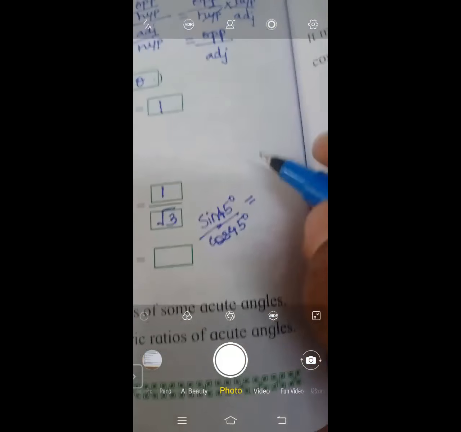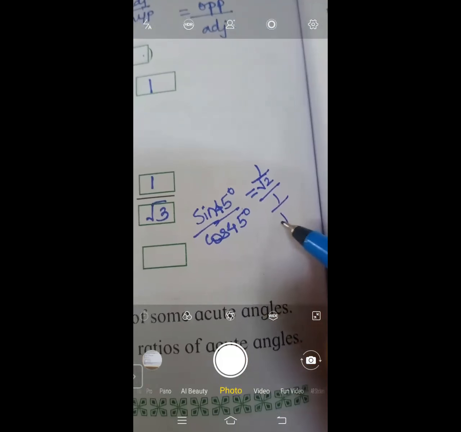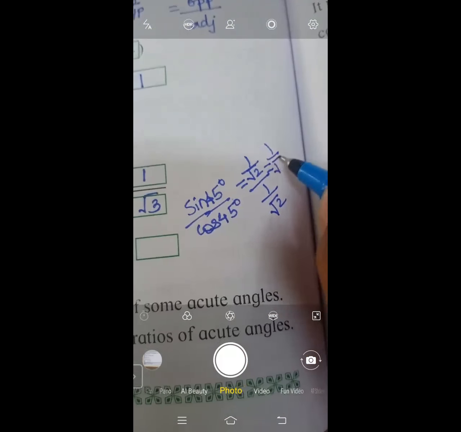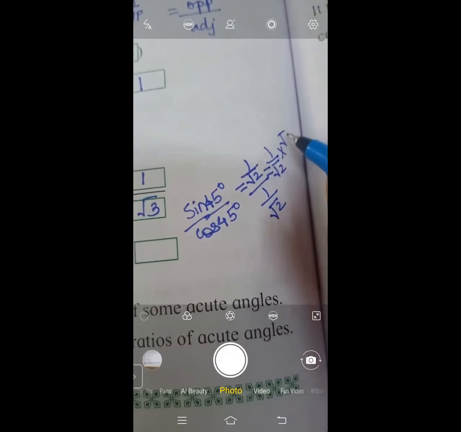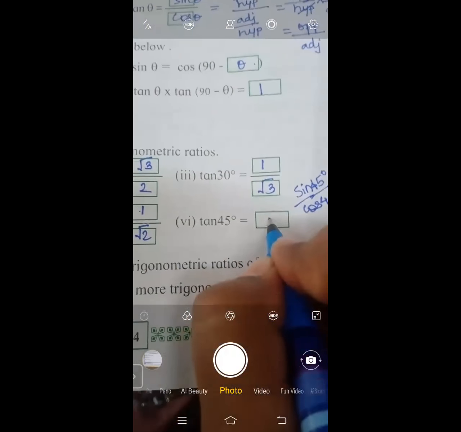The middle column remains as it is. So this is 1 upon root 2 divided by 1 upon root 2. So I will take the reciprocal of the denominator: 1 upon root 2 into root 2 upon 1. This root 2 gets cancelled. Only 1 is remaining. So the value for tan 45 is 1.